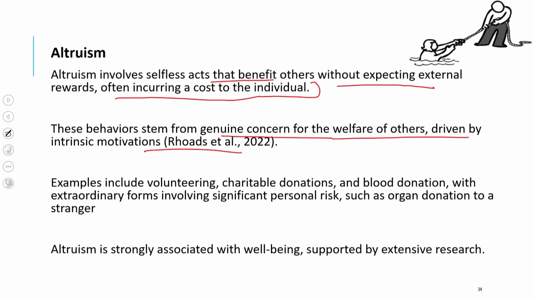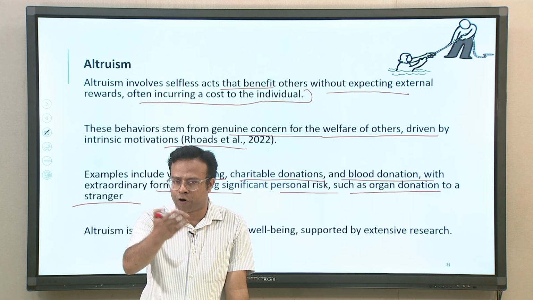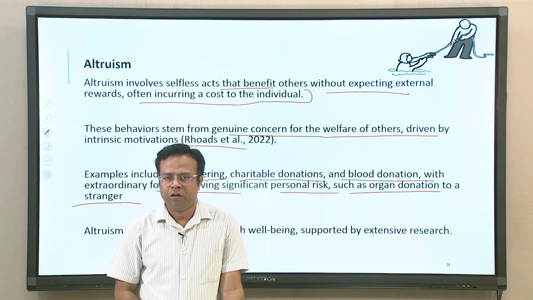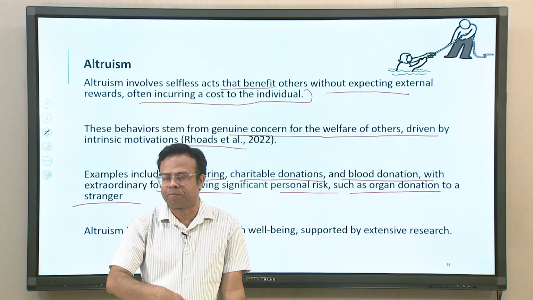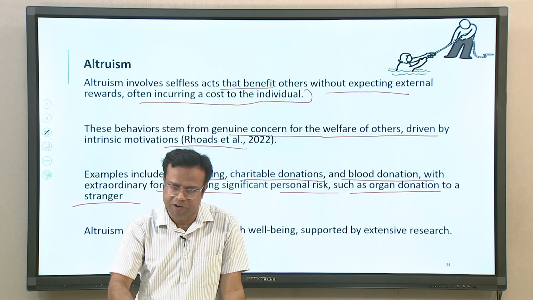So, altruism may include volunteering when you are not getting anything in return, charitable donations, blood donations, and extraordinary forms involving significant personal risks, such as organ donation to a stranger. People may do a lot of these things for a stranger also. This is more of an altruistic kind of behavior. There is no apparent benefit to the person. In fact, there is a lot of cost involved.